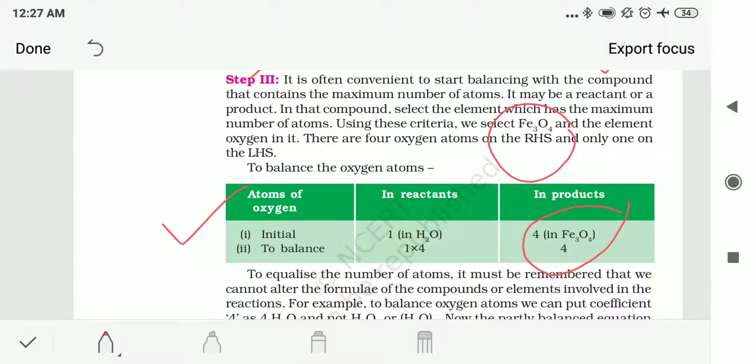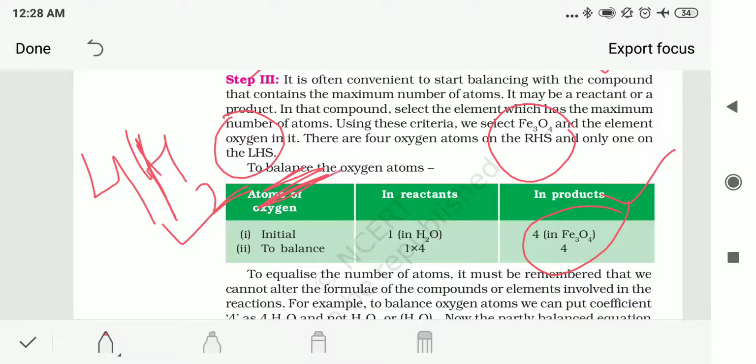So now the oxygen atoms are balanced: on the right hand side 4 atoms of oxygen, and on the left hand side, in H2O, only one atom was there, so we have placed a 4 in front of H2O so that the oxygen gets balanced.